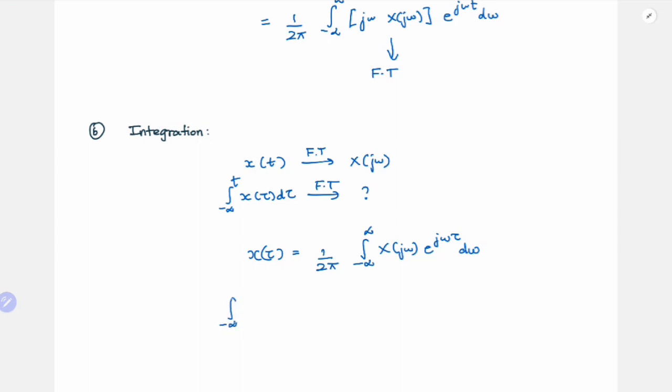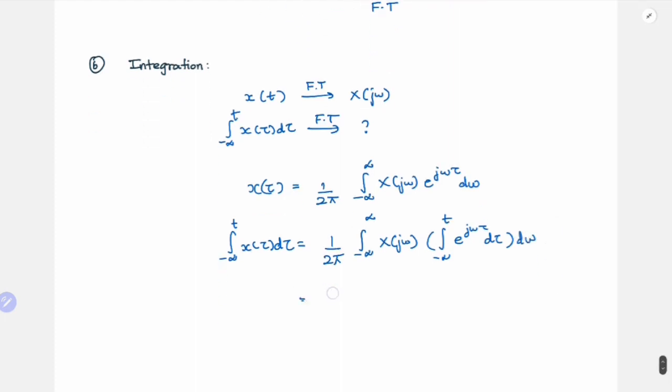Now if we integrate x of tau d tau, again this integral we can take inside, and only this term depends on tau. So X of j omega, integral minus infinity to t, e power j omega tau d tau into d omega. So this integration will actually give me 1 by j omega, right?